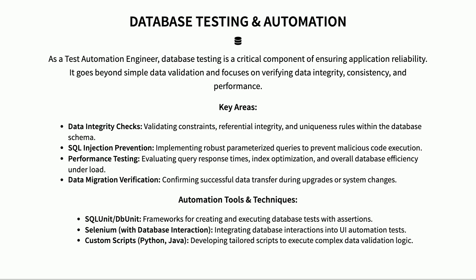This includes things like making sure relationships between tables are correct, preventing malicious SQL commands from sneaking in, and checking how quickly the database responds when lots of requests come in. Tools like SQL Unit and DB Unit can really help us automate these checks, alongside techniques like integrating database interactions into our Selenium test or writing custom scripts to handle more complex data validation scenarios.